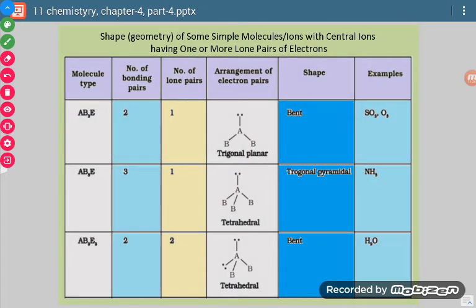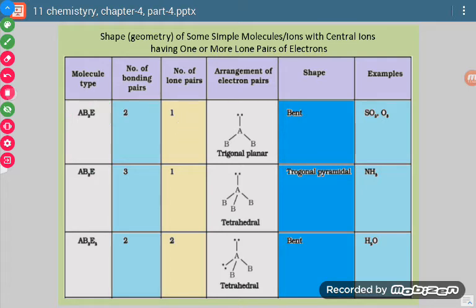Now suppose there is presence of lone pairs. Now it is the second category when we talk about the molecules which possess lone pairs also. See, here we are taking this AB2E. Here B stands for bond pairs, E stands for lone pairs.